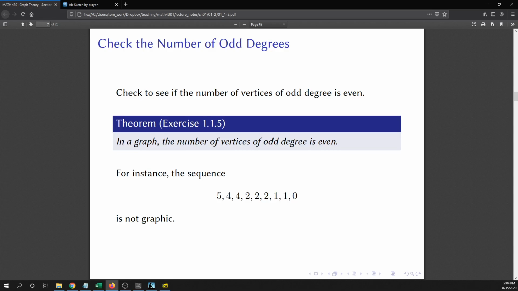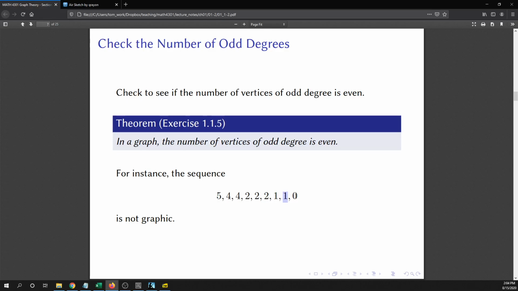So for instance, this sequence is not graphic, because I have 1, 2, 3 vertices of odd degree, and this theorem says that there has to be an even number of odd degree vertices.